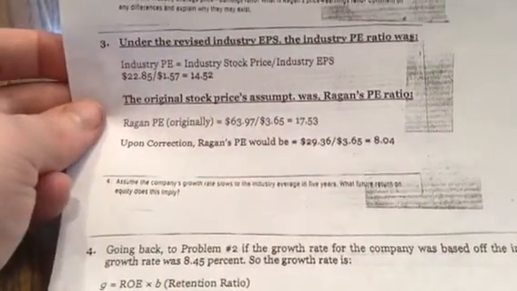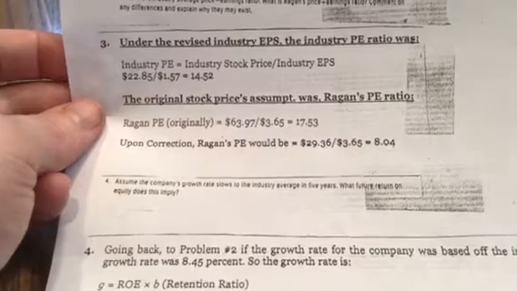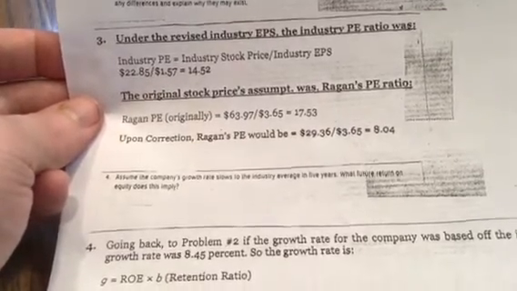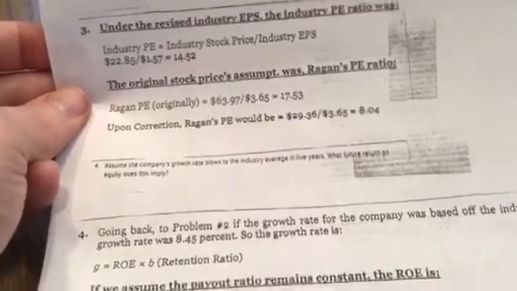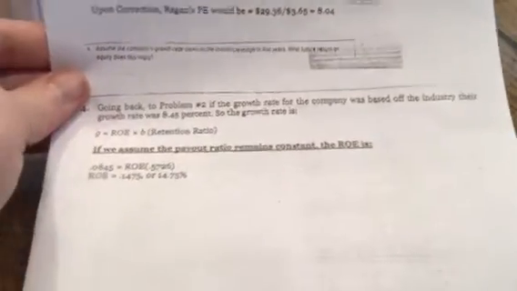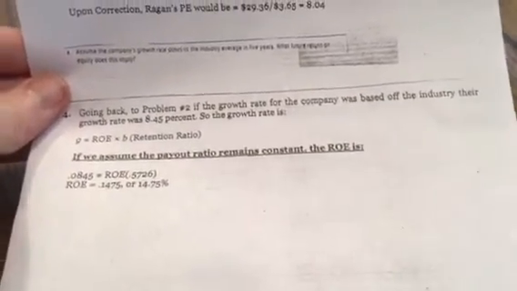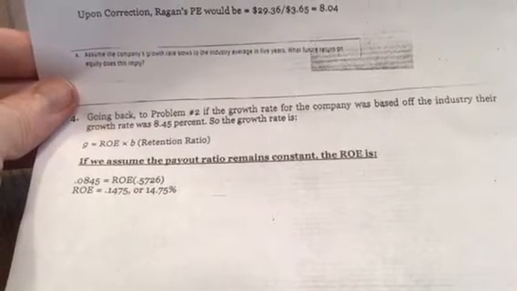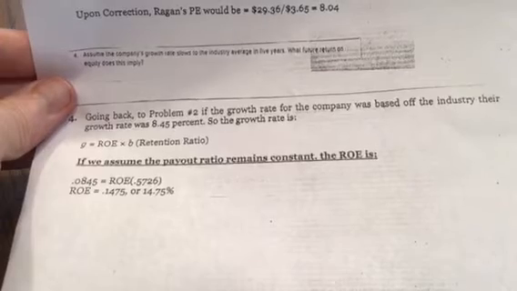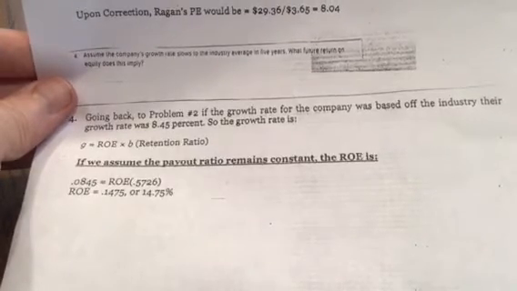Assume the company's growth rate slows to the industry's average in 5 years. What future return on equity does this imply? Going back to problem 2, if the growth rate for the company was based off the industry's growth rate, it was 8.45%. So the growth rate equals G equals ROE times b, the retention ratio.